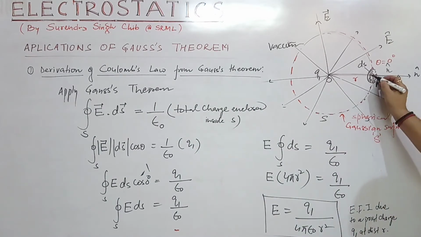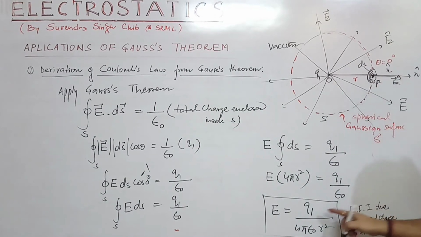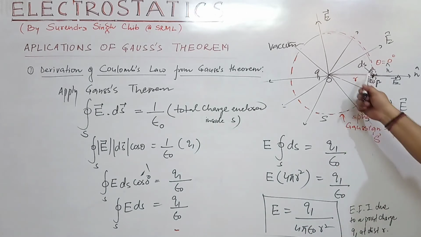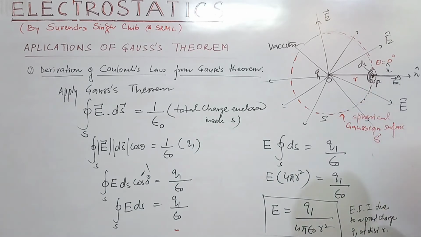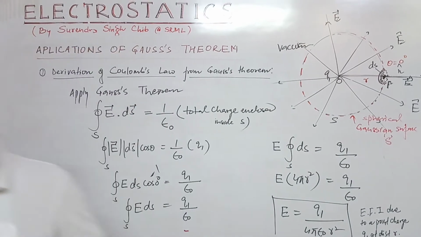What is the magnitude of the electric field intensity? This. What's the direction? It is radially outwards. Now let's derive Coulomb's law further.